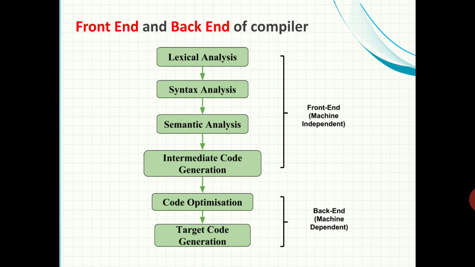If we take a particular language, C, the source code of C is converted into intermediate code, and then that can be converted into any one of the platform dependent forms.